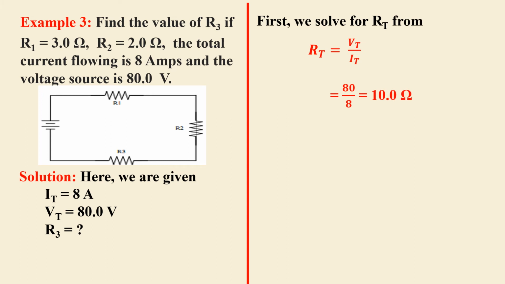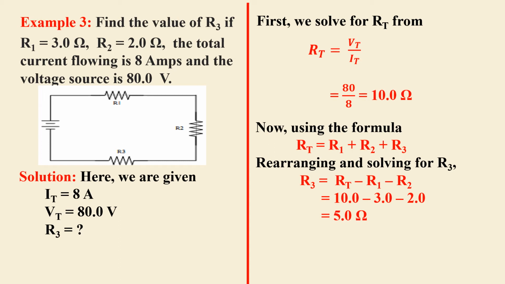First, we solve for R sub t from the formula R sub t equals V sub t over I sub t. Substituting the values, 80 over 8 equals 10 ohms. Now, using the formula R total equals R1 plus R2 plus R3, rearranging and solving for R3, R3 equals R total minus R1 minus R2. Substituting the values, 10 minus 3 minus 2 equals 5 ohms.